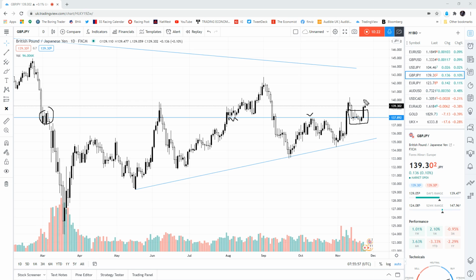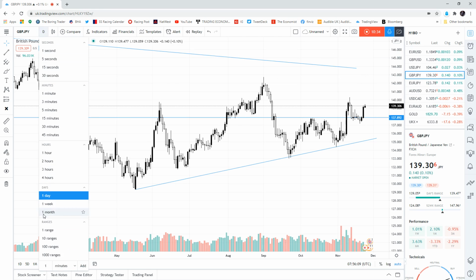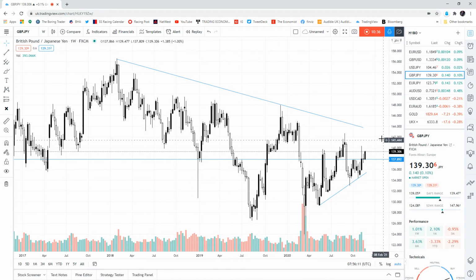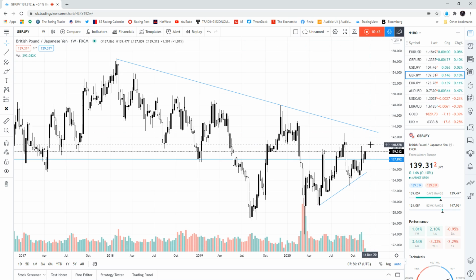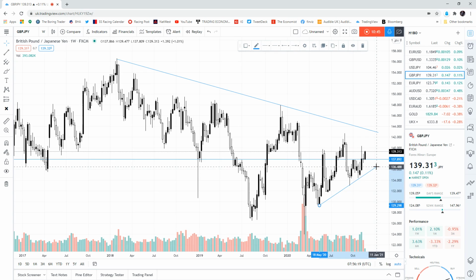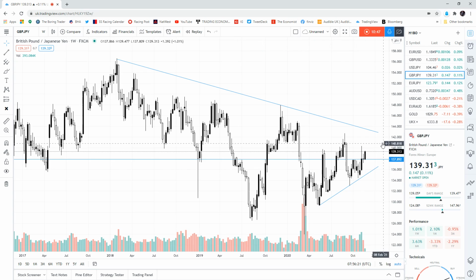So I have a look at 140, a break and a close above there, and we could see a push towards this trend line. If you zoom out onto the weekly, you'll be able to see what I mean. Similar to GU, this big trend line. So a close above there would suggest that we're going to go and test that trend line.